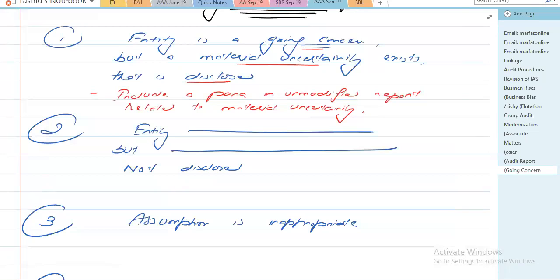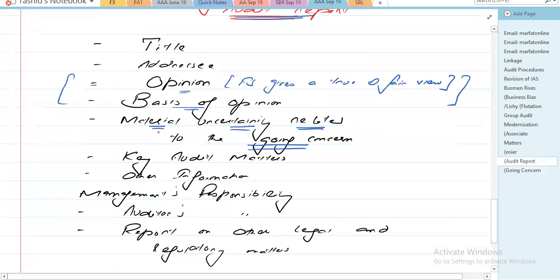So there was criticism, and they amended this: because everything is fine and the disclosure has been given, the paragraph should be included in the unmodified report. That is why material uncertainty related to going concern is explained here in the unmodified report.